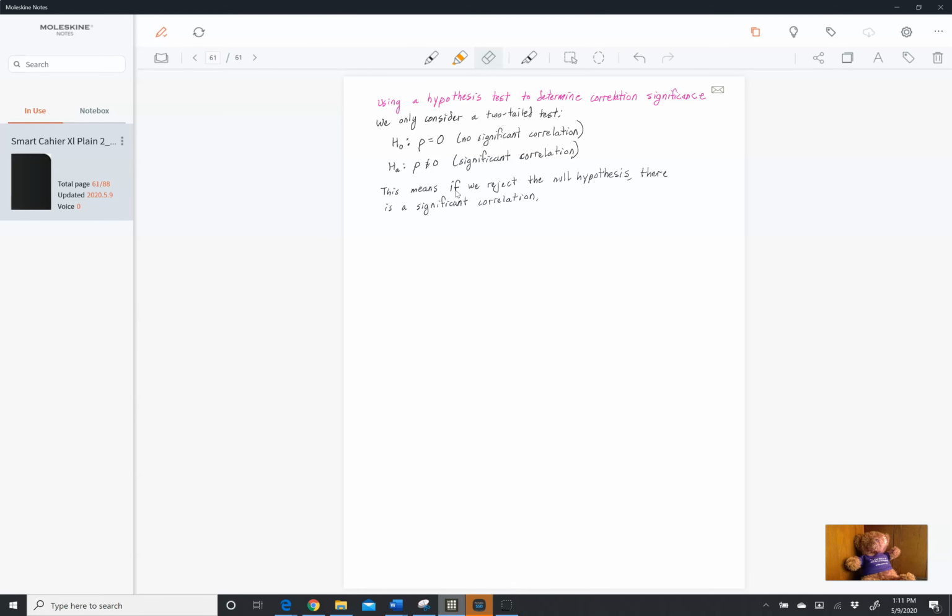Okay, how do we do this? We use a t-distribution, so we're using a different table, that t-table. The degrees of freedom that we use is n minus 2.